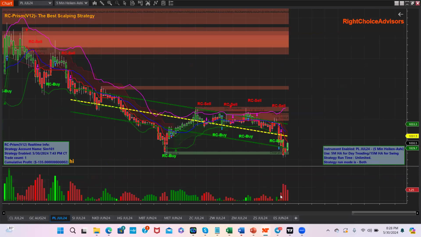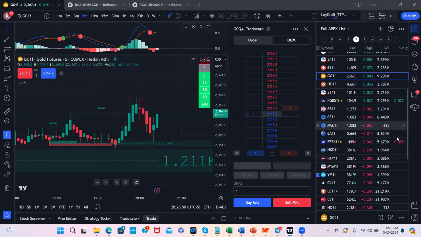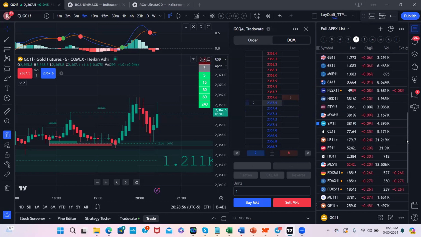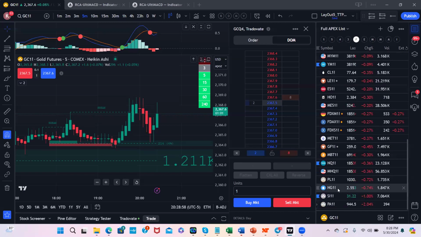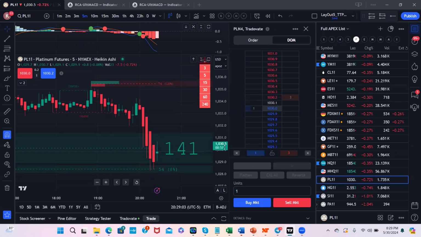Now platinum. If we go and check the platinum, yet again, if you can take manual trades, that is the best thing. This is for members who cannot take the manual trades, are busy, and they want to. Overall, it is bearish.